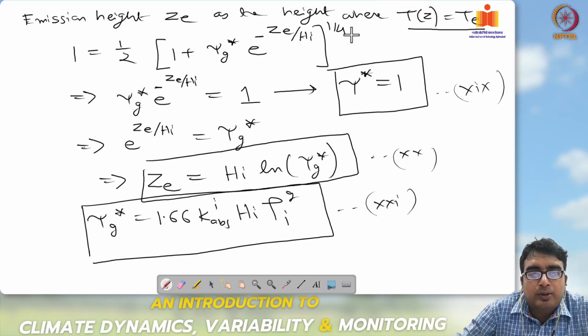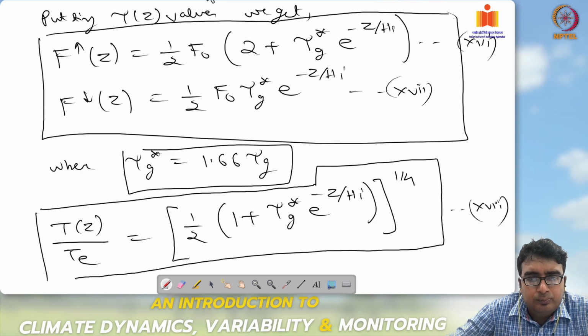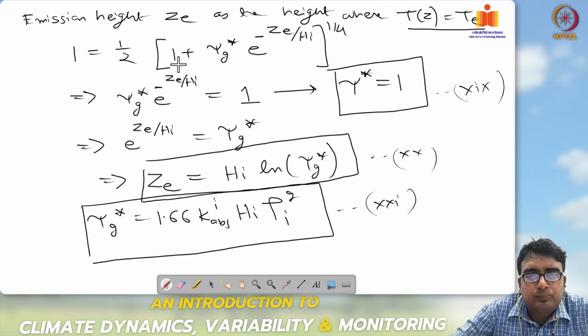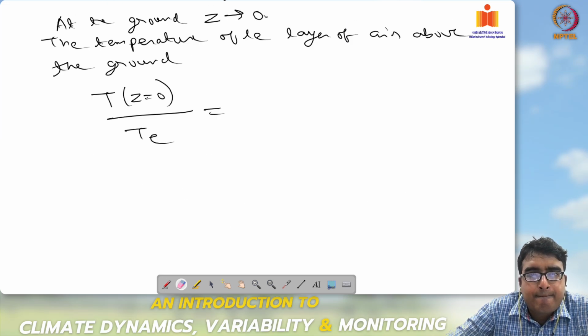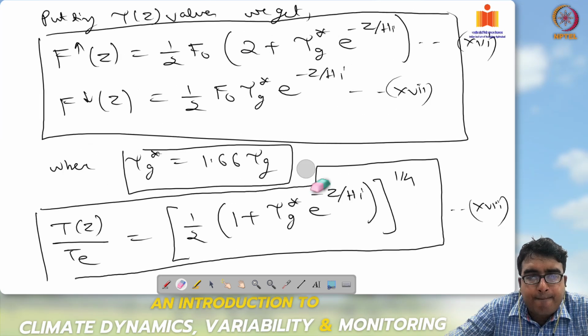this is 1/4, sorry about that. No, because this is 1, the 1/4 term cancels out, so this is correct. This expression is 1. So 1 plus tau g star, half.